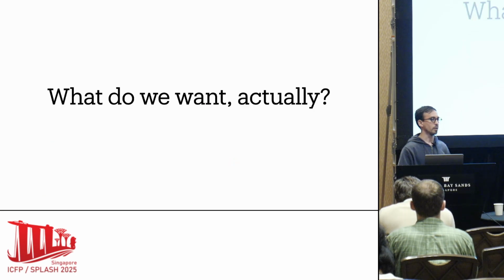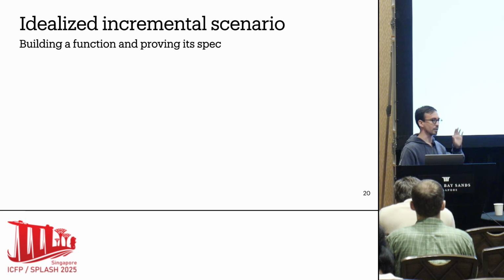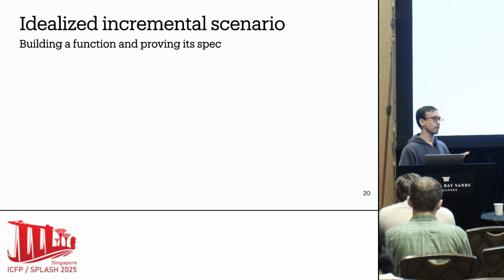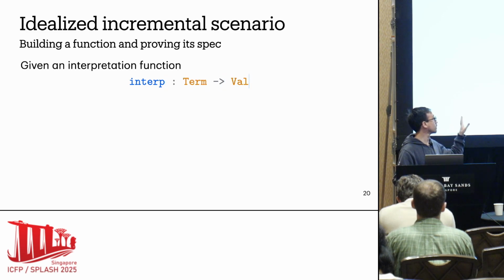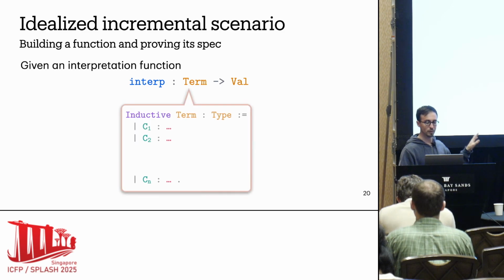And what is it that we really would like to have if we were working incrementally? I'm going to do an idealized incremental scenario where we are going to assume that we fully support this practice, to see the things that we would like to have. And so for the scenario, I'm going to assume that we have some interpretation function that takes some input from some type term, which is some big index type, and returns some terms of type val.